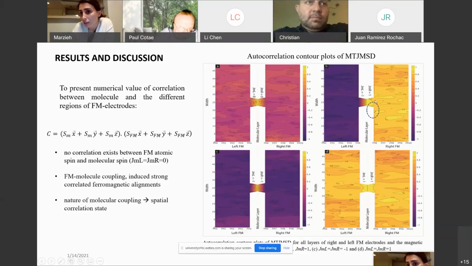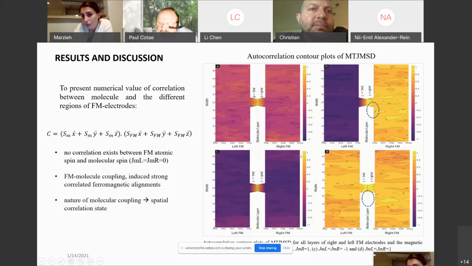And also we see that along the cross junction, actually these circles have been moved for some reason, but exactly at the cross junction, we have a strong correlation. For -1 and 1, we have antiferromagnetic coupling of the molecule with respect to the electrodes. The correlation value for the molecule is shown by a yellow color on the order of 1, but it has a negative or opposite correlation with respect to the electrodes, because this is antiferromagnetic coupling on both sides.